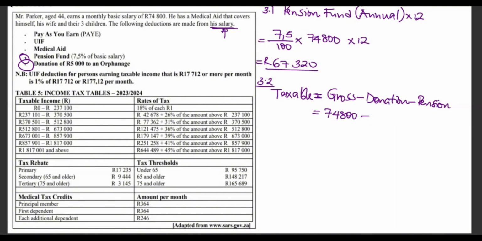So let's subtract the donation, multiplied by 12, minus pension, which I subtract alone because it's already annual.